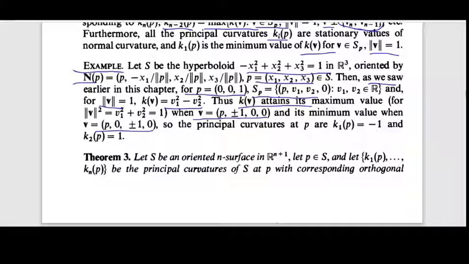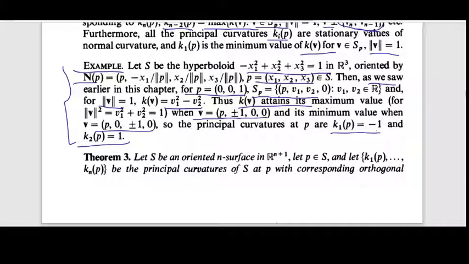Therefore the principal curvatures at p are k1(p) = -1 and k2(p) = 1. You can refer to this example in previous chapters.